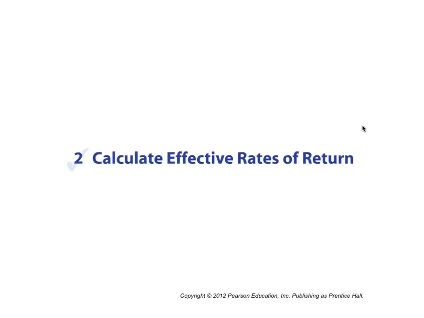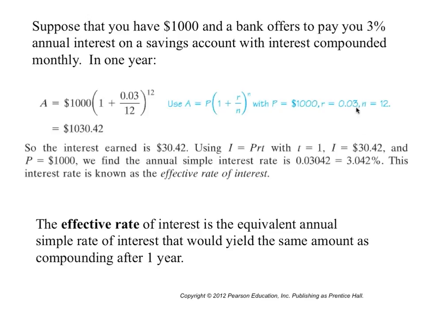Now, the second objective in this section is to be able to calculate something called the effective rate of return. Let's look at an example. Suppose you have $1,000 in a bank account and a bank offers to pay you 3% annual interest, compounded monthly. In 1 year, you're going to have this much in your account.